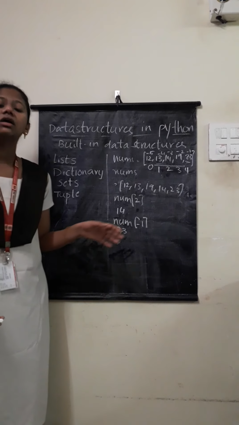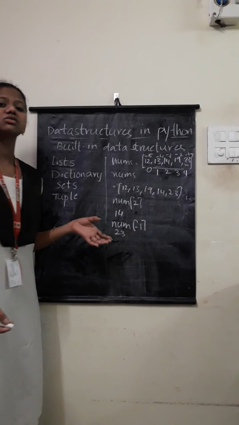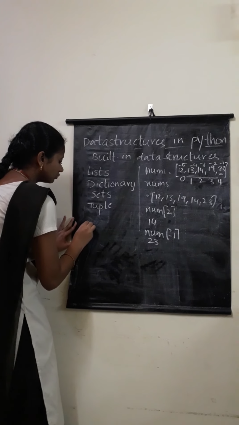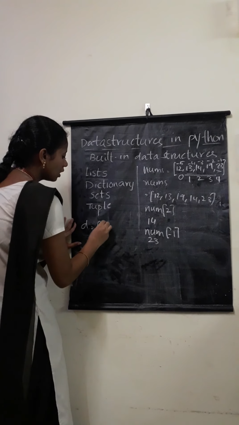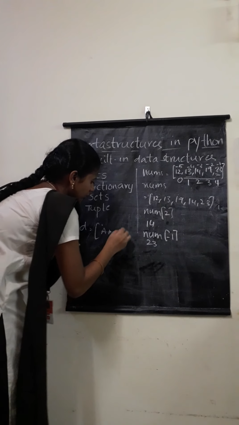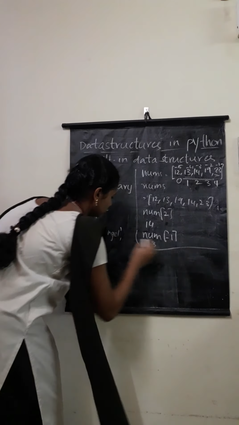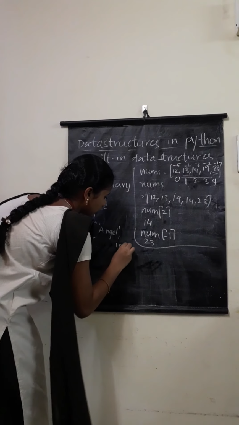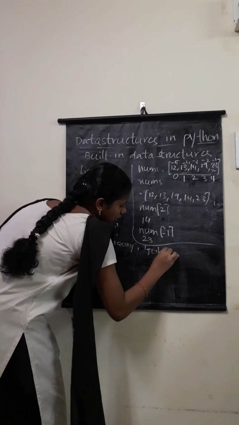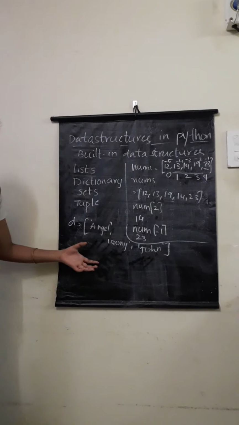Now we can do this with strings also. Suppose d equals some strings: Angel, Ronnie and John. These are the strings I have taken.